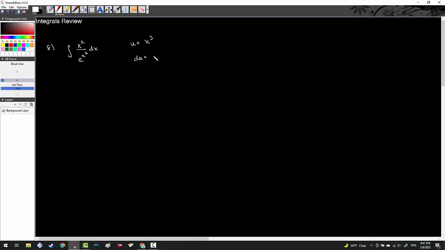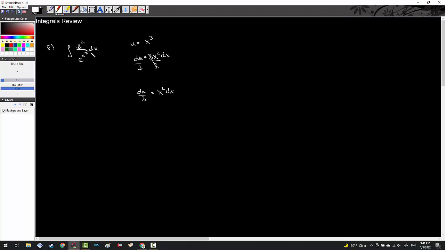Du is going to be x squared dx. I'm hoping these things look familiar. And so actually, I apologize, 3x squared dx. And then from here, when I go ahead and get the x squared dx by itself, I'm going to divide out. So I get du over 3 equals x squared dx.